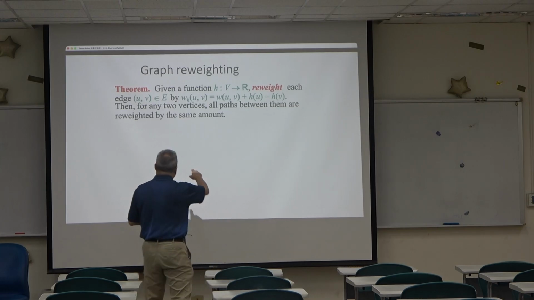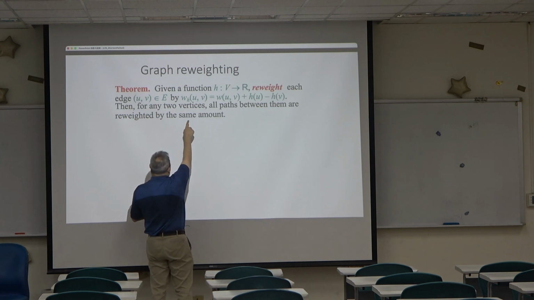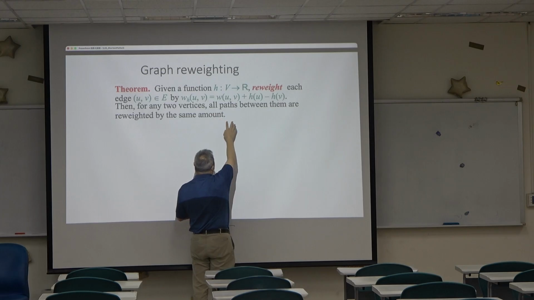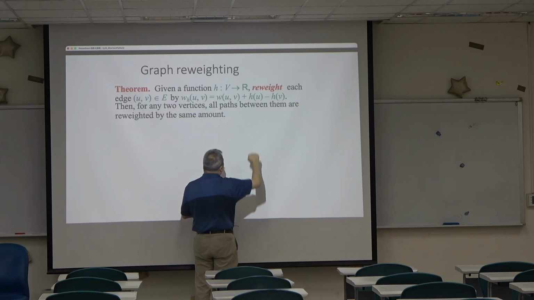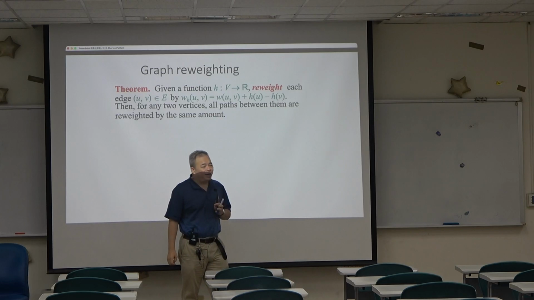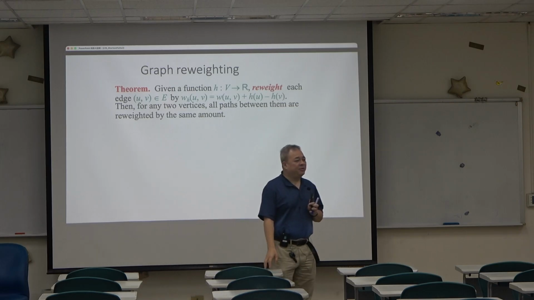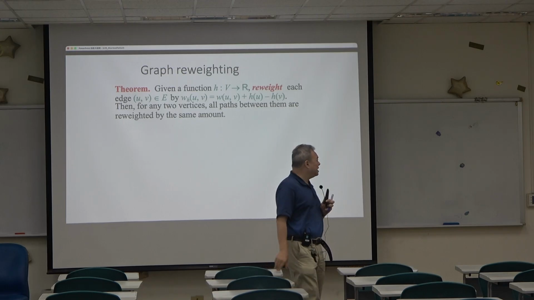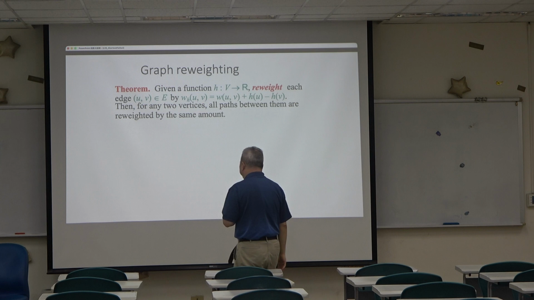We call the new weight of this edge uv w_h(u,v), which is the original weight w(u,v) plus h(u) minus h(v). So you add the number of the source node minus the number of the destination. That's how you do the reweighting.